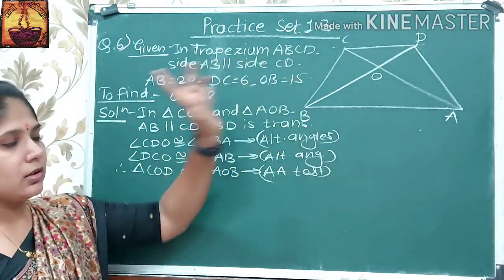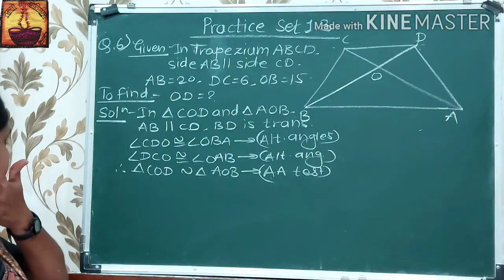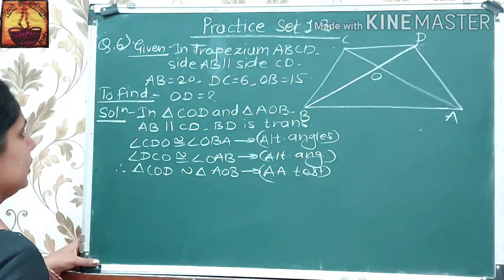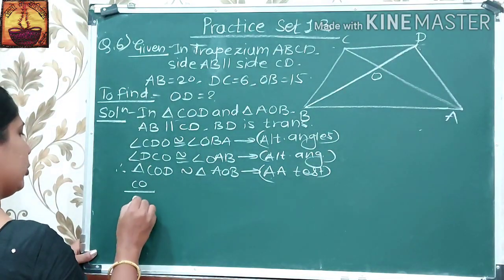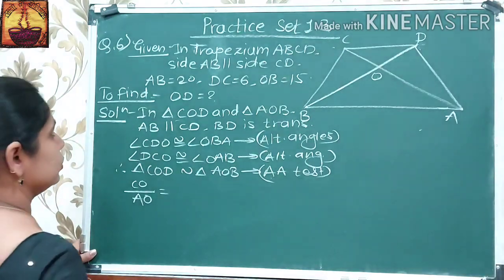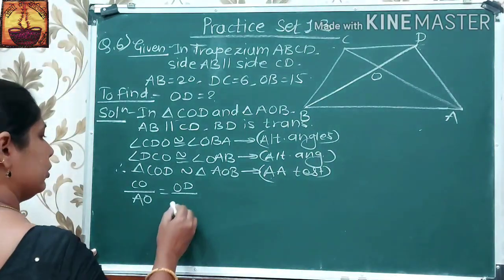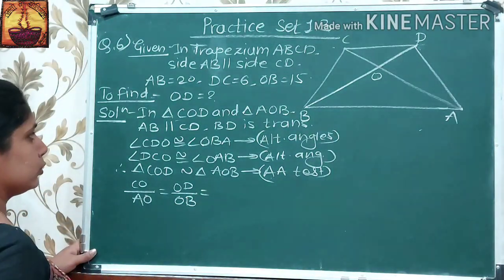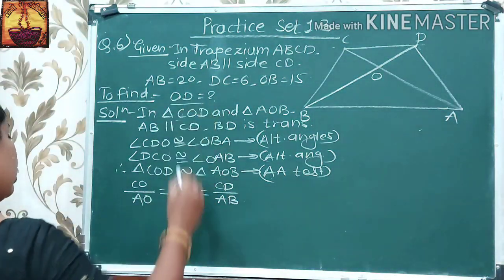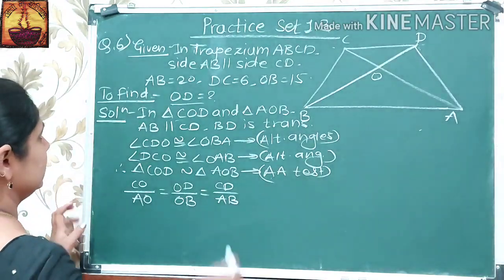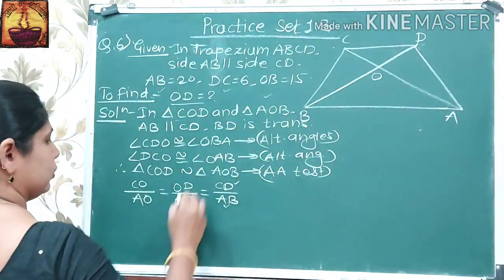We proved that these two triangles are similar, therefore their sides are in proportion. First write these sides in proportion: CO upon AO is equal to OD upon OB is equal to CD upon AB. We have to find OD, and we have the values of AB, CD and OB.